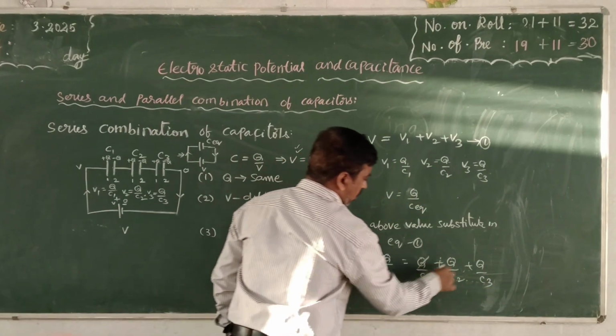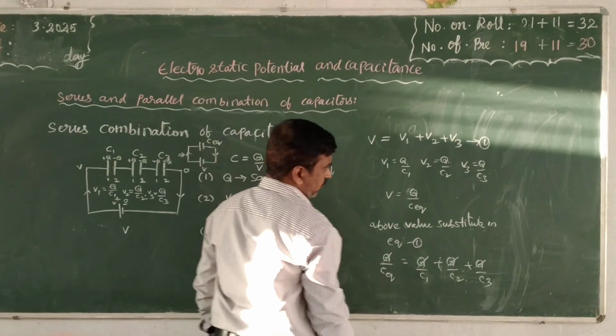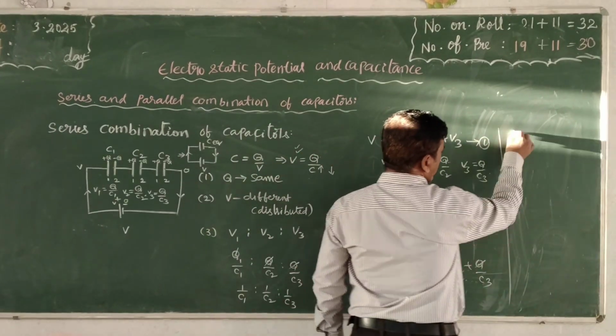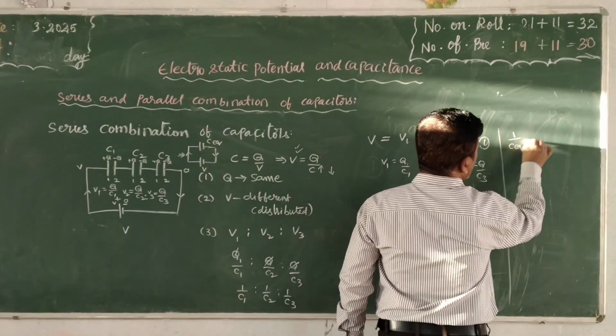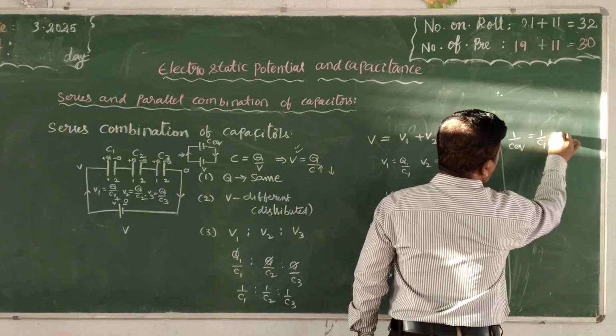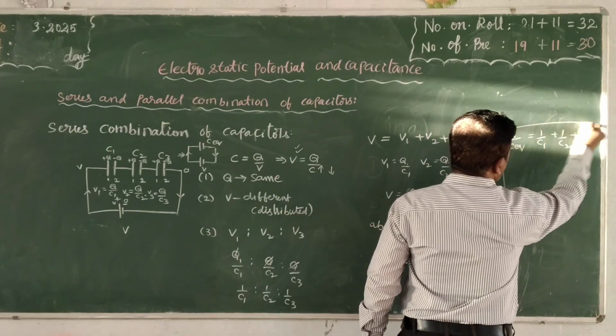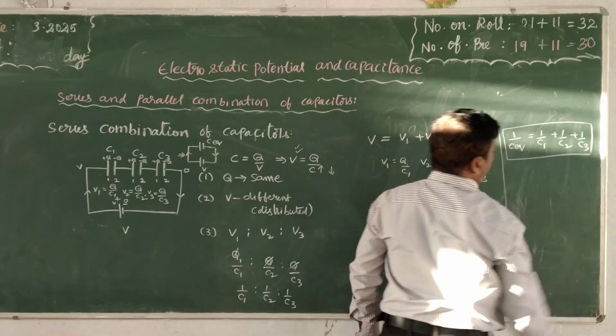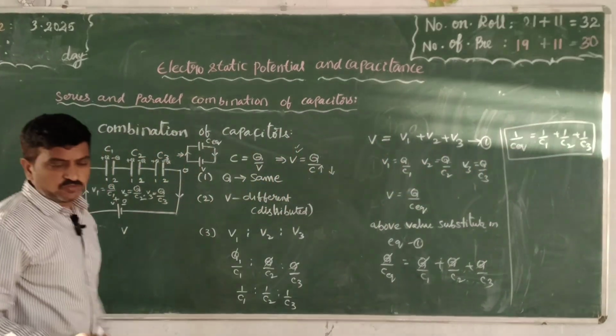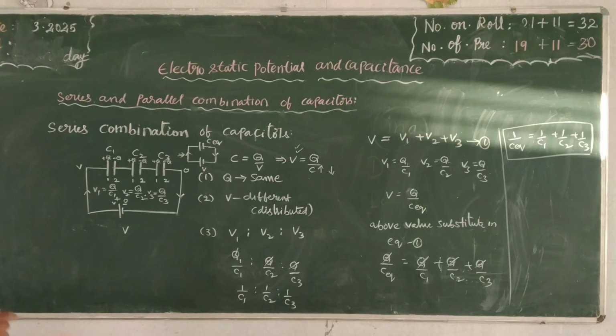Q is common and cancels, so what do we get? 1 by C equivalent equals 1 by C1 plus 1 by C2 plus 1 by C3. This is the equivalent capacitance of capacitors connected in series combination.